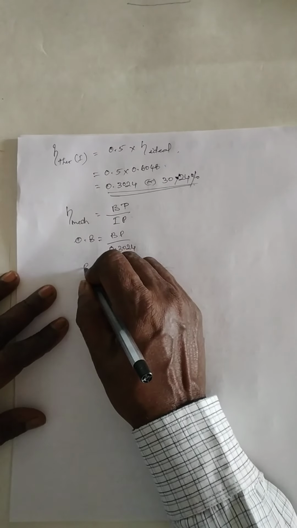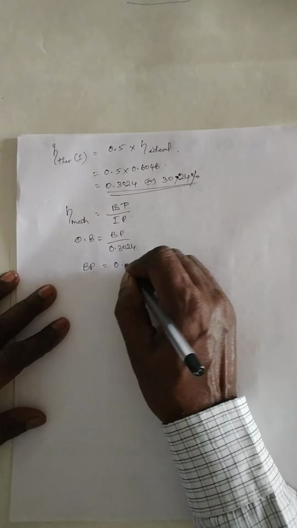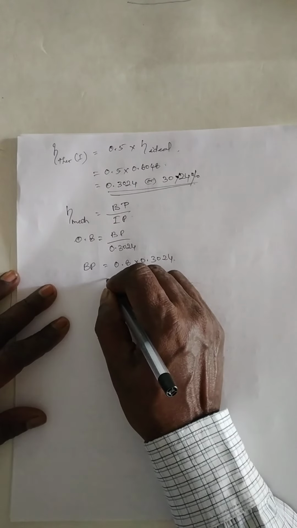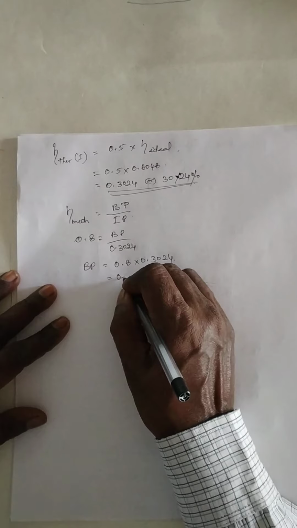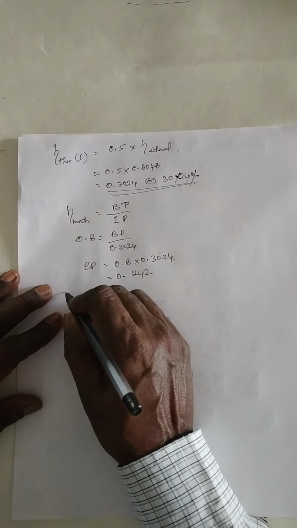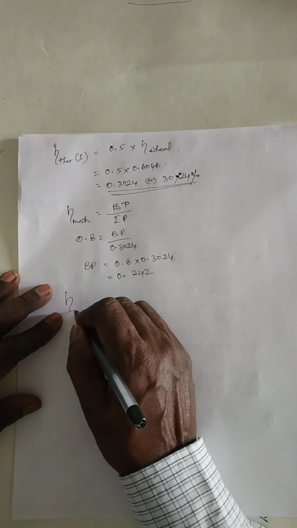With this we can calculate the brake thermal efficiency as 0.8 into 0.3024, which gives 0.242.